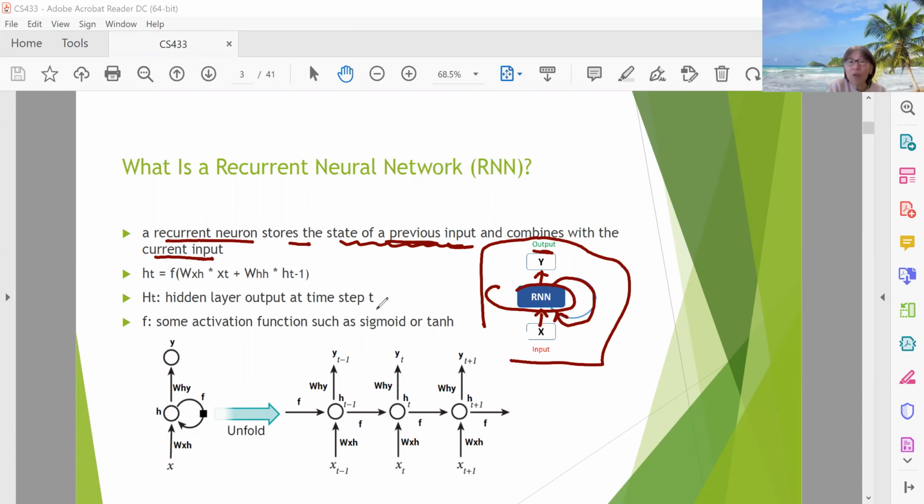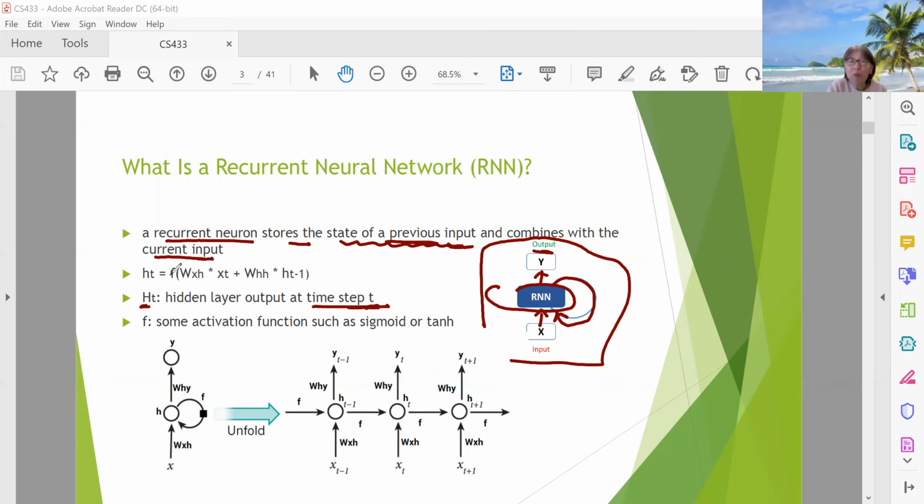So just remember, whenever we see t, it is a time step t, at a certain time step. And the H here represents the hidden layer output.